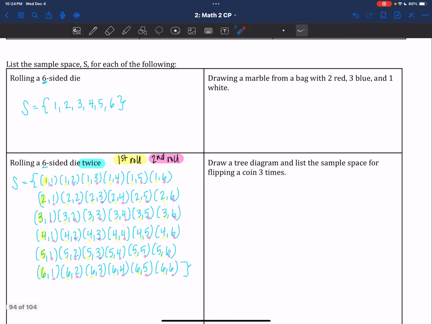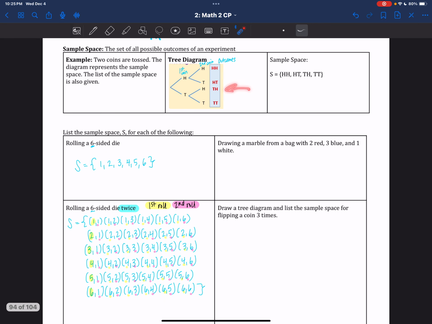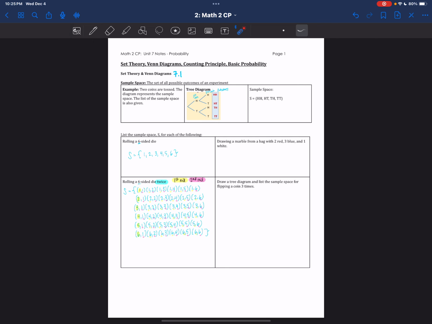You could have it go like this, and then it branches out more, depending on how many you have, or you could do kind of like if you were factoring, depending on how many you have of each option. And then you're going to list all the samples if you roll it 3 times. It's very similar to this one. You're just doing each one more time. And it's best to keep neat and organized.